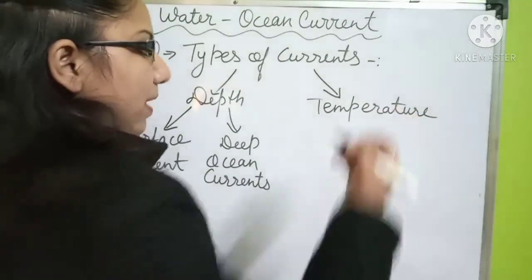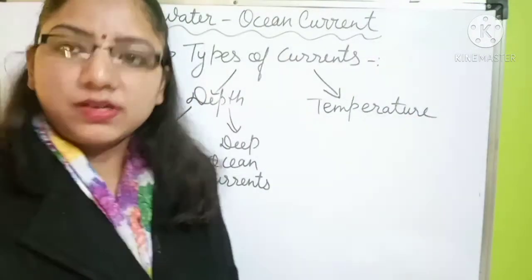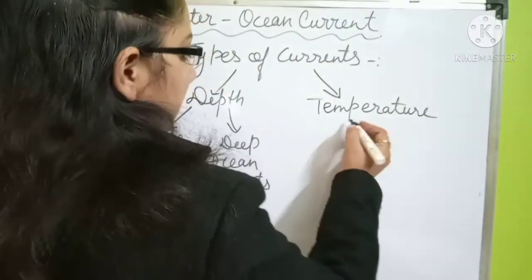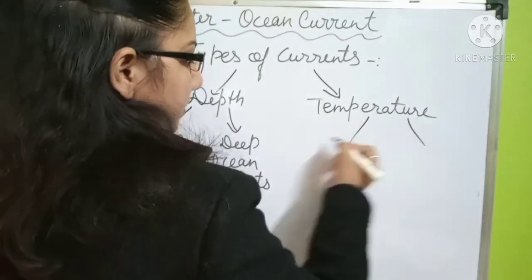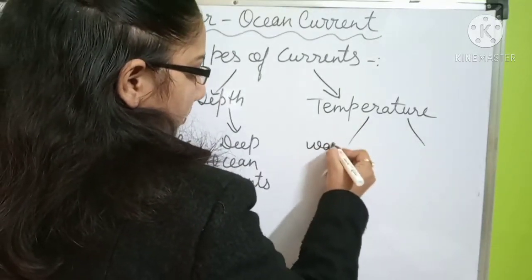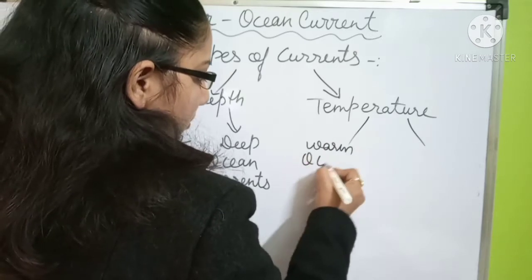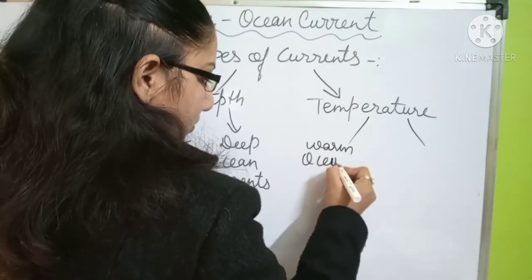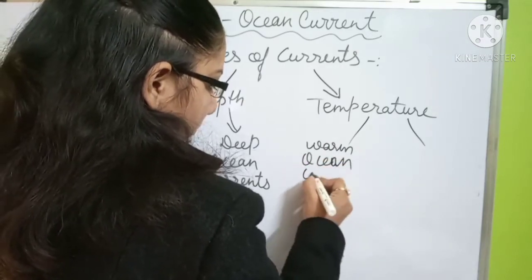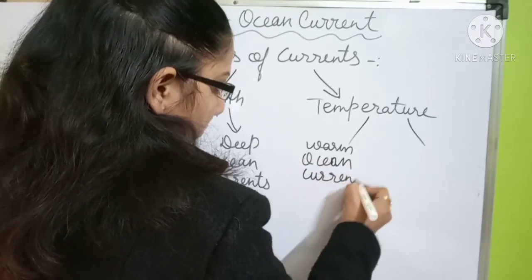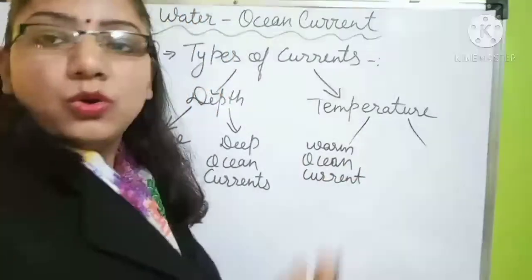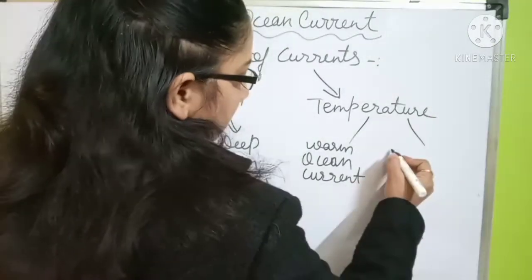And if we talk about the basis of temperature, the currents are again divided into two types: one is warm ocean currents and the other is cold ocean currents.